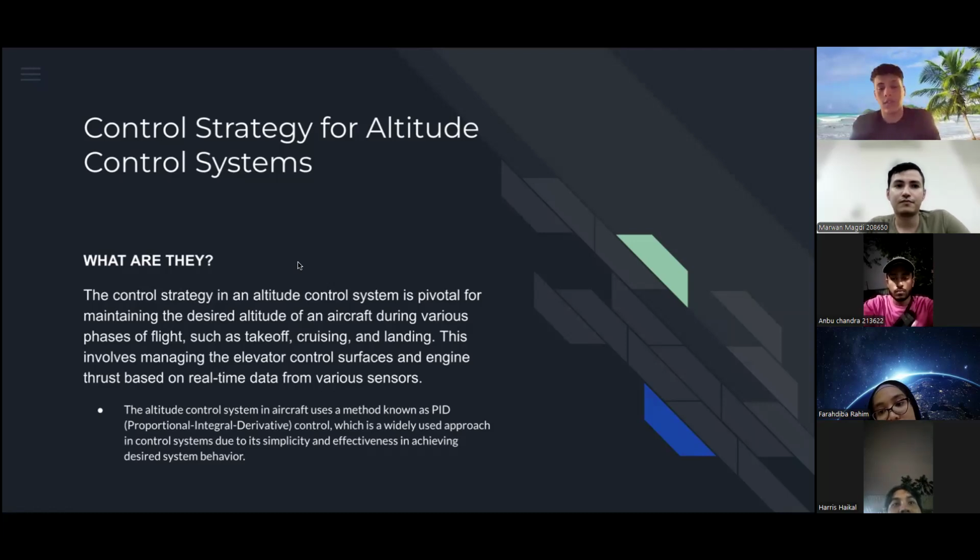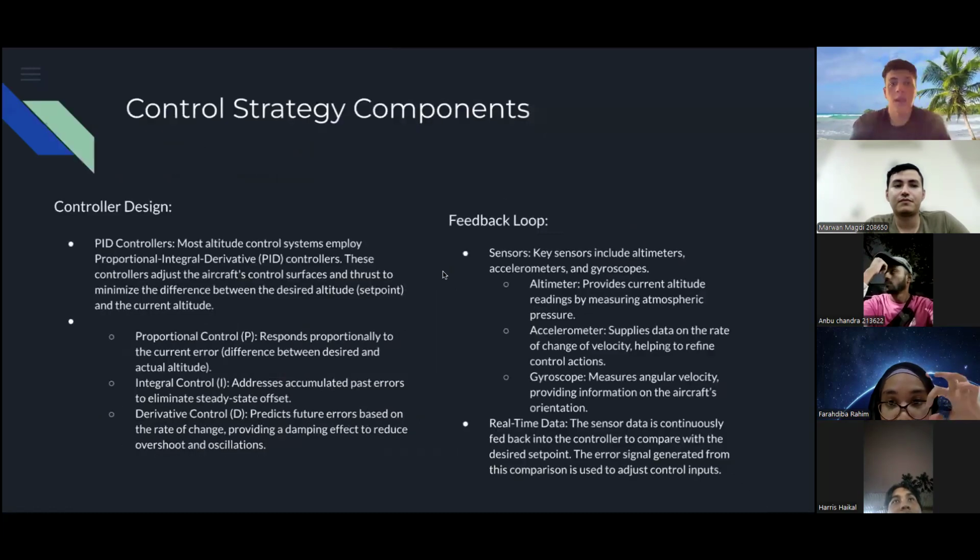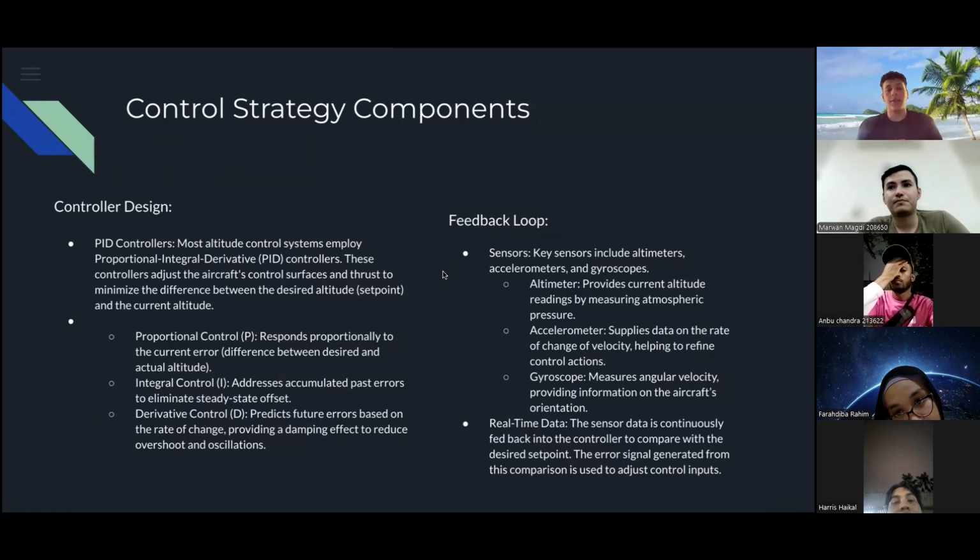The altitude control system uses, as explained earlier, PID control, an approach used due to its simplicity and effectiveness in achieving desired system behavior. So for our strategy, we're going to be using PID controllers, which are employed by most altitude control systems.